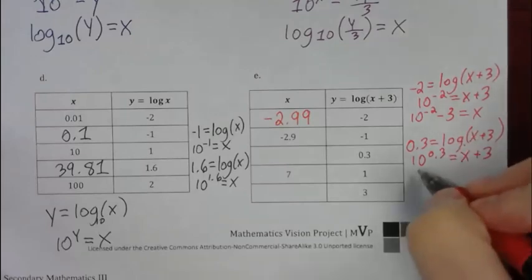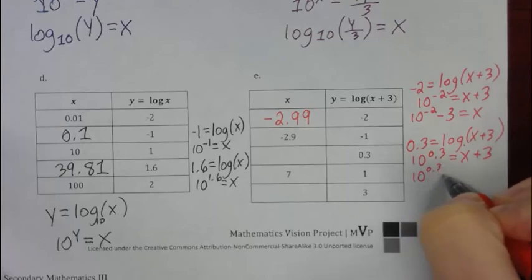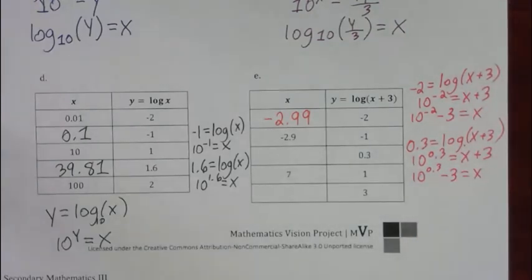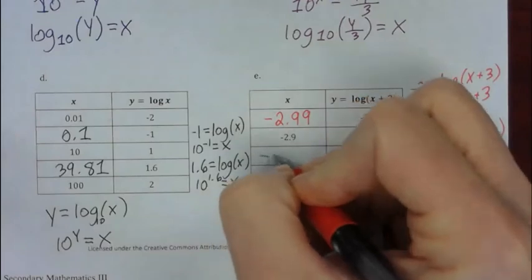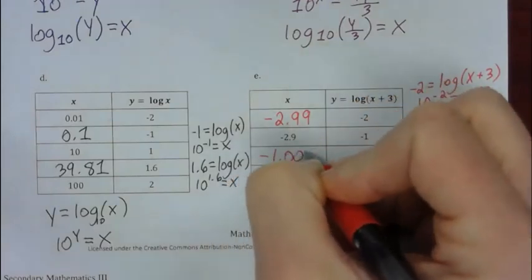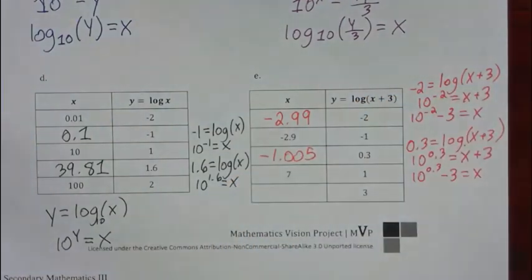And then we just subtract 3 from both sides to get 10 to the 0.3 minus 3 equal to x. 10 to the 0.3 power minus 3 equals -1.005, which you probably could round to -1.01. Doesn't make a really big difference here.